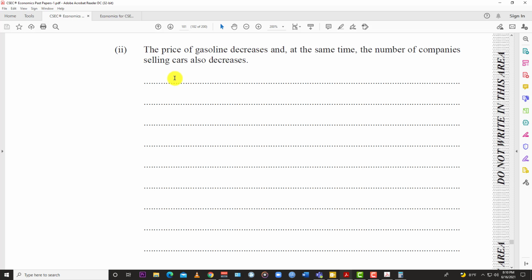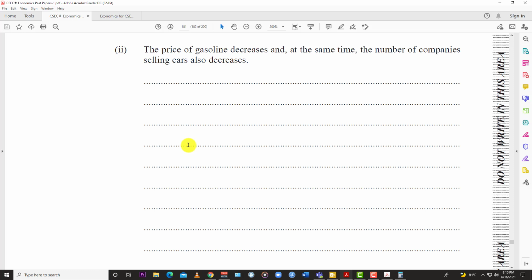So for this one, we know that the price has gone up because of more demand, less supply, but we don't know what happened to the equilibrium quantity, because at every new point, there's a higher price.